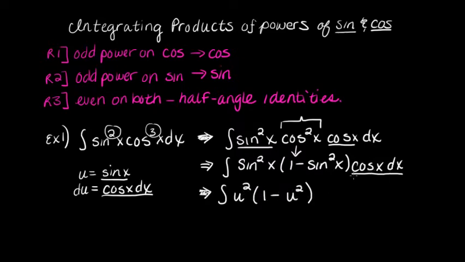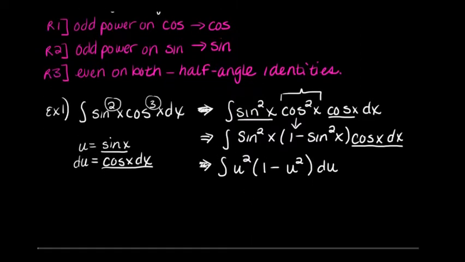Cosine x dx is our du, so we'll replace it with du. All right, perfect. From this stage, we can simplify. First, multiply this in. u squared times u squared will give me u to the 4 du.